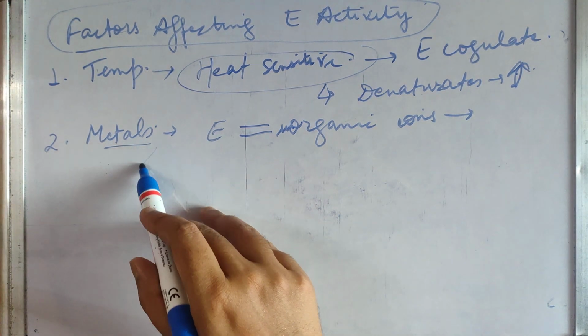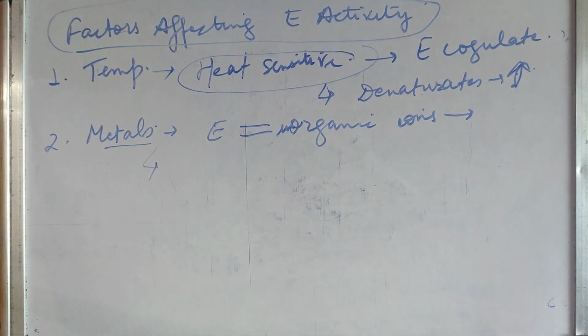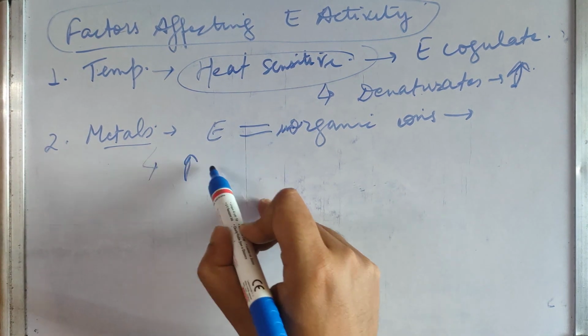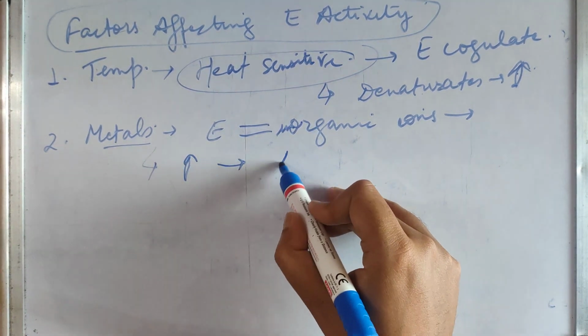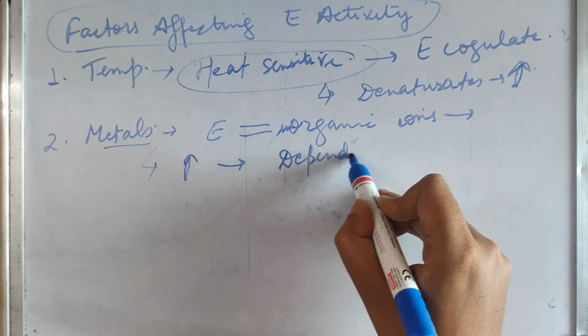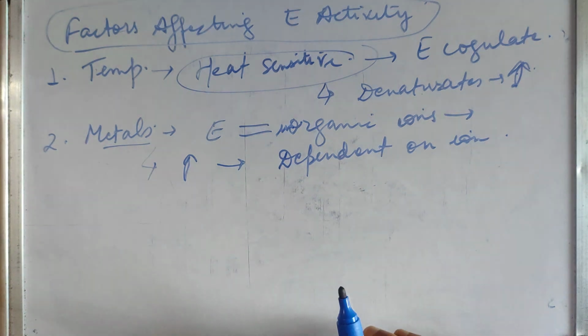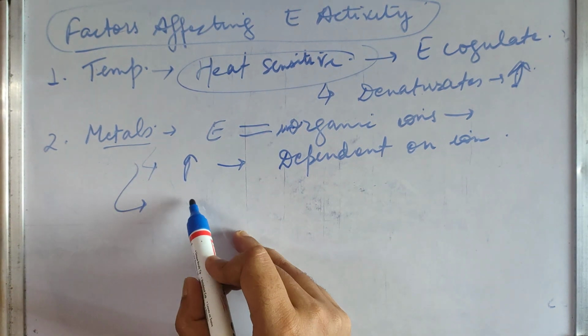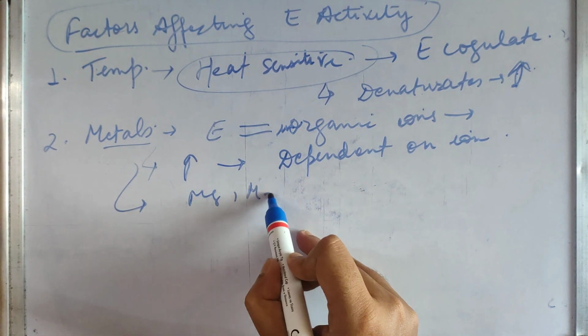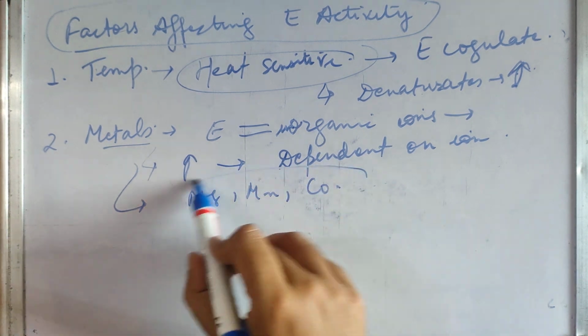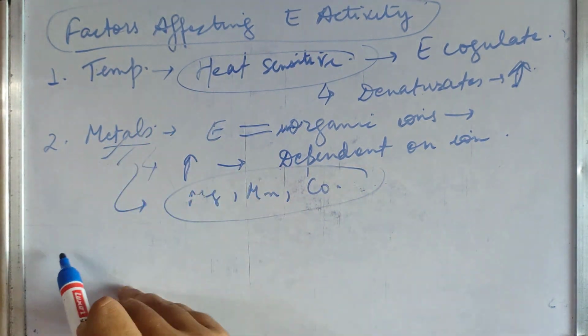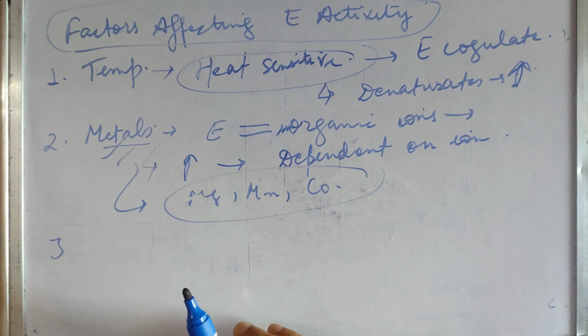Sometimes enzyme activity is enhanced, and in many activities they are directly dependent upon the ion. For example, certain enzymes are activated by Mg, Mn, Co, and these are all metallic ions. So metals also affect enzyme activity.